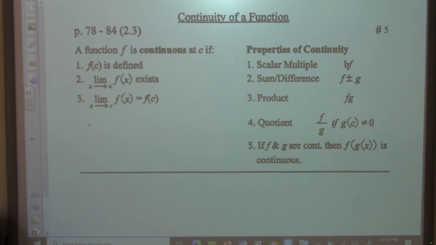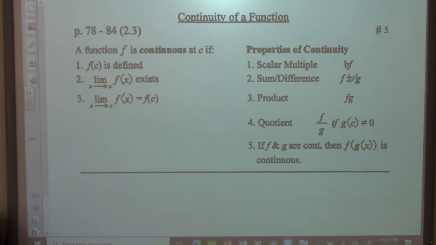And then we also have the properties of continuity, and you have product, quotient, and then you have a composition of functions too. That's what this one is. That's a composition of functions.